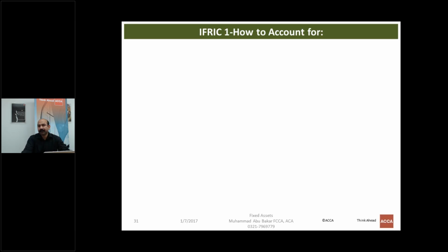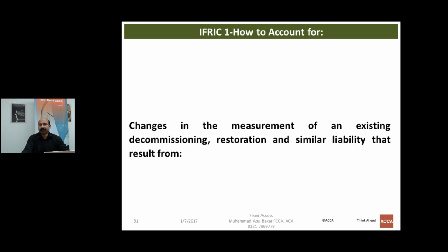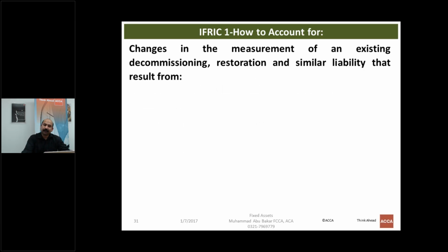Because in initial recognition, you made estimates of restoration and dismantling cost, but subsequently, during the life of the asset, these estimates can be changed materially. So how can we treat those changes?